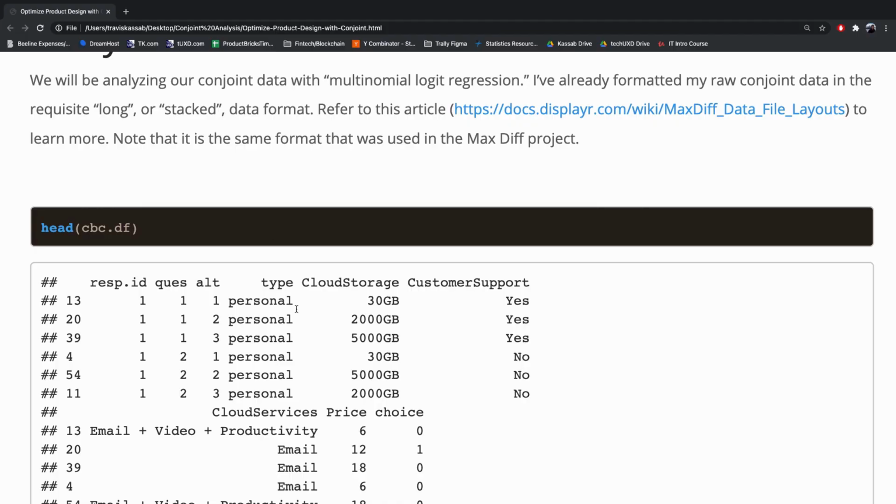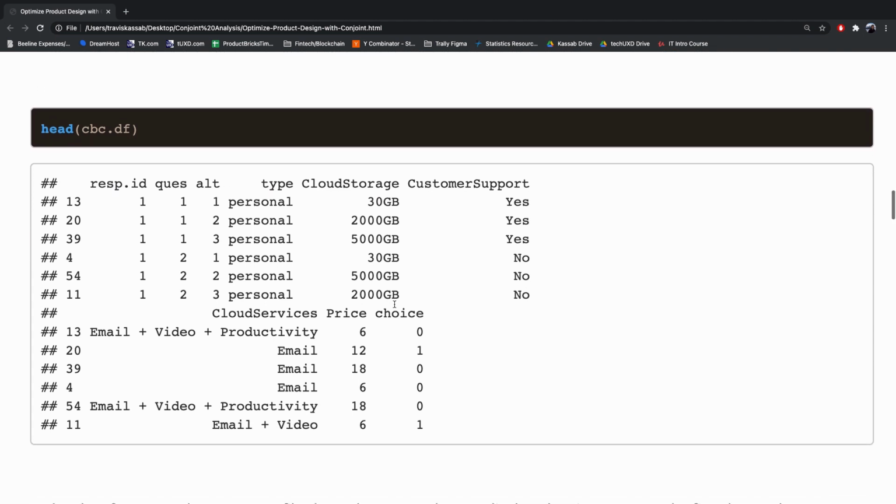After you've collected the data, you need to get this raw data into something called a long or stacked data format. In this case, each row corresponds to a specific product profile that a respondent saw. This is an example of my stacked conjoint data set. Looking at these first 3 columns, it's kind of like metadata, right? Who is the respondent?